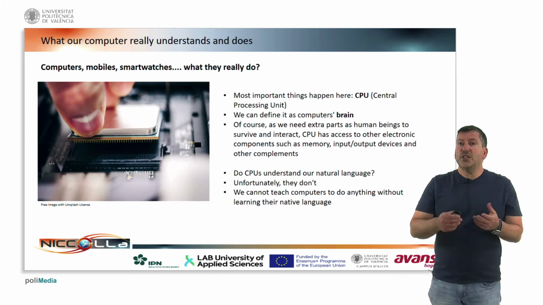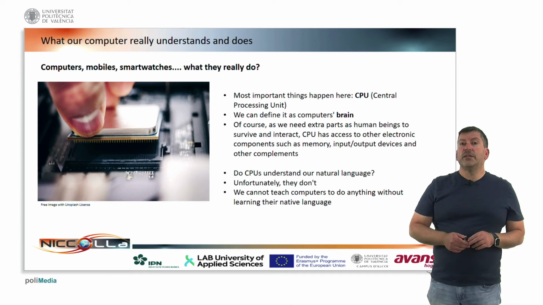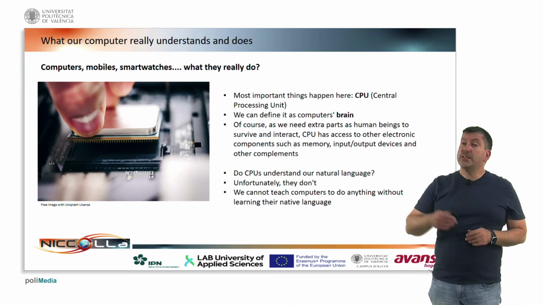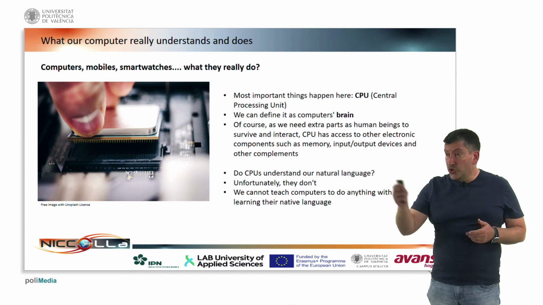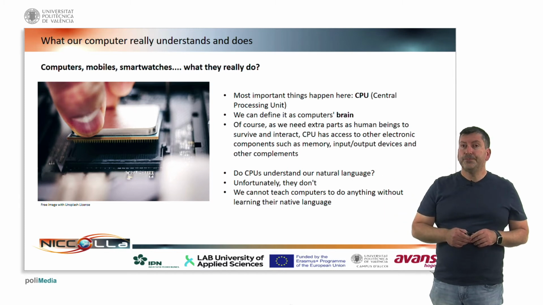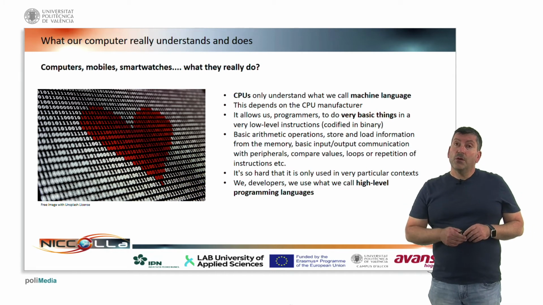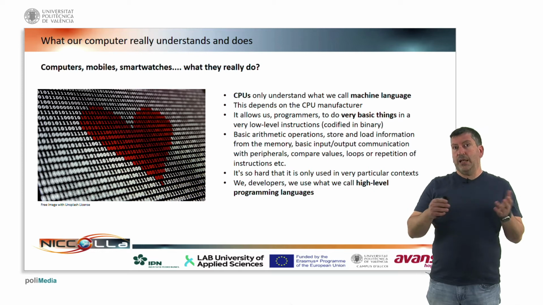So we cannot teach computers to do anything without learning their native language. We need to understand the language of this CPU in order to be able to teach the CPU to do something. The thing is that CPUs only understand what we call machine language.